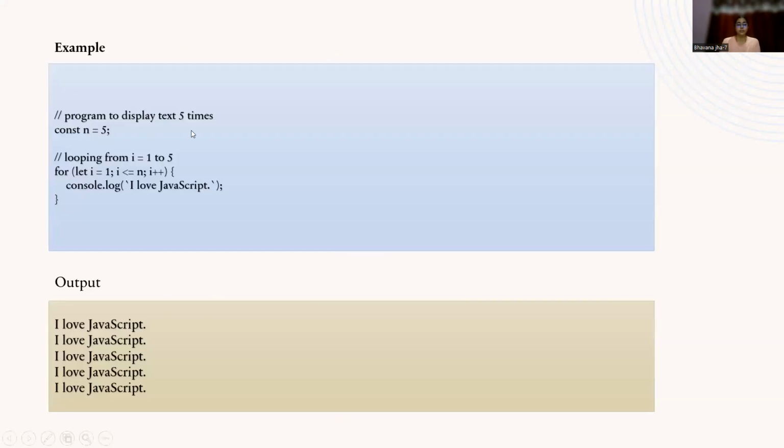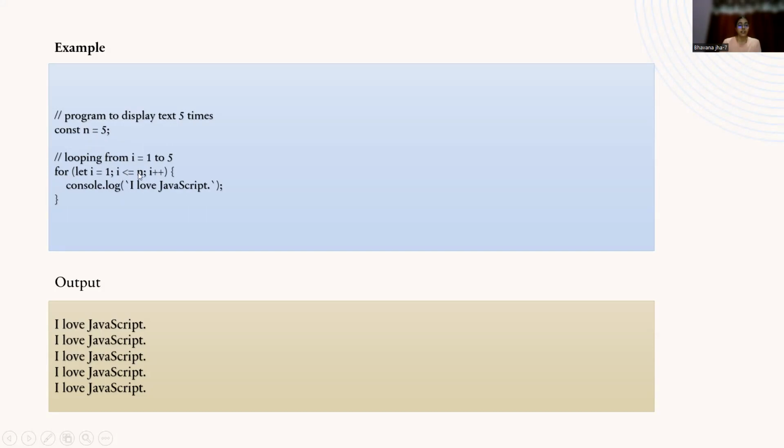Let's see an example of a for loop. Here we have to display this statement 5 times. So we took the condition n is equal to 5. Here the for loop syntax is used: for let i is 1, i less than or equal to n, which is 5. First, the i value is 1.